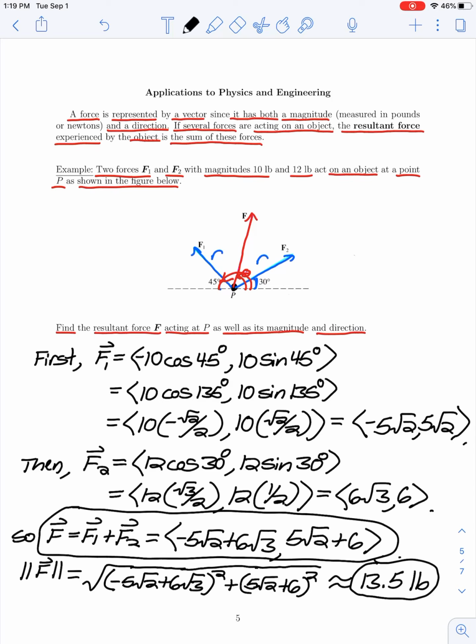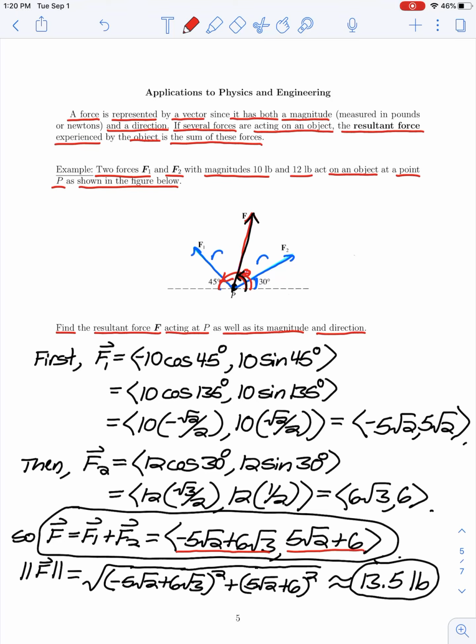Now, the last part of this question asks about the direction in which this resultant force is acting. And as indicated in the figure, we're supposed to indicate direction by finding the angle theta that's formed from the positive x-axis, rotating counterclockwise to get to that resultant force F. So how are we going to find that angle measure theta? Well, we have the components of this resultant force.